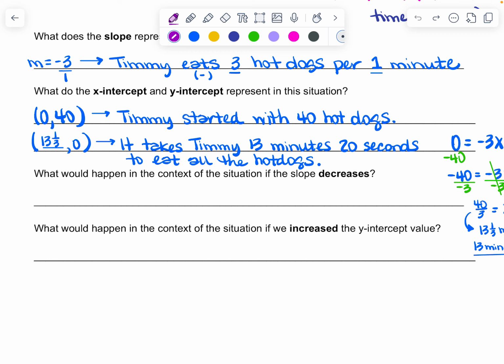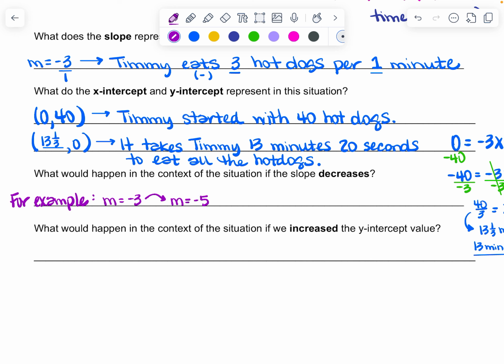Okay, so again, I like to put numbers to this, so I'm going to do a for example. Right now the slope is -3. What if it changed to something smaller?